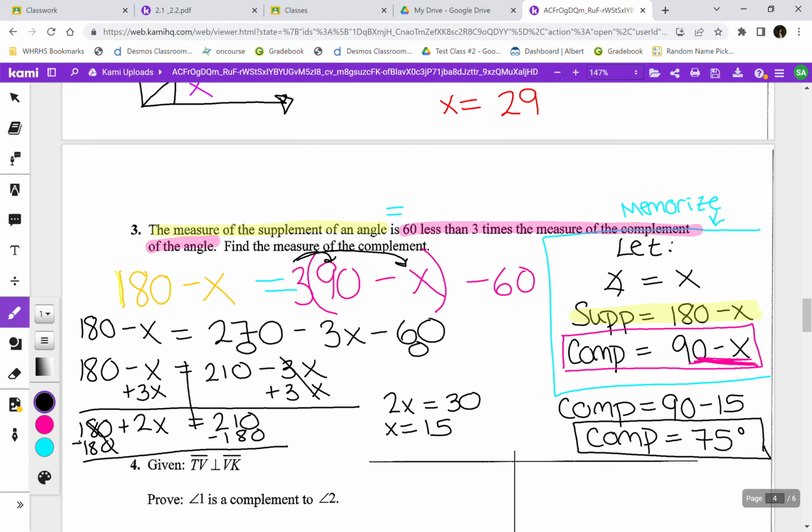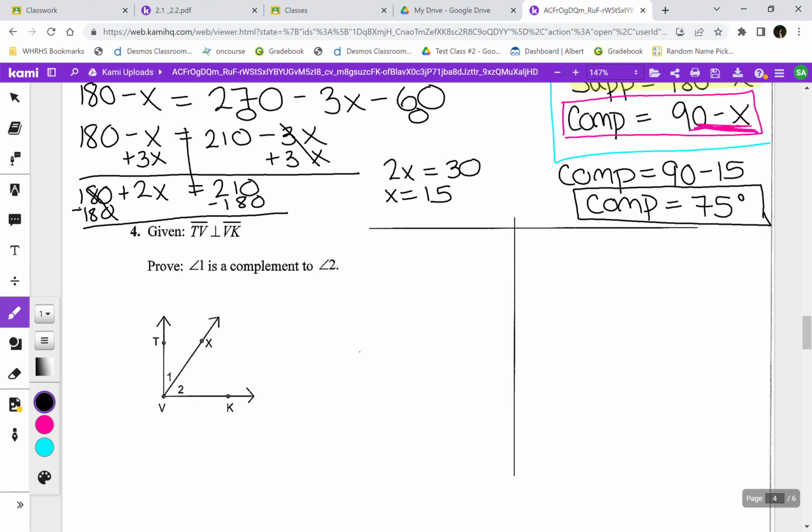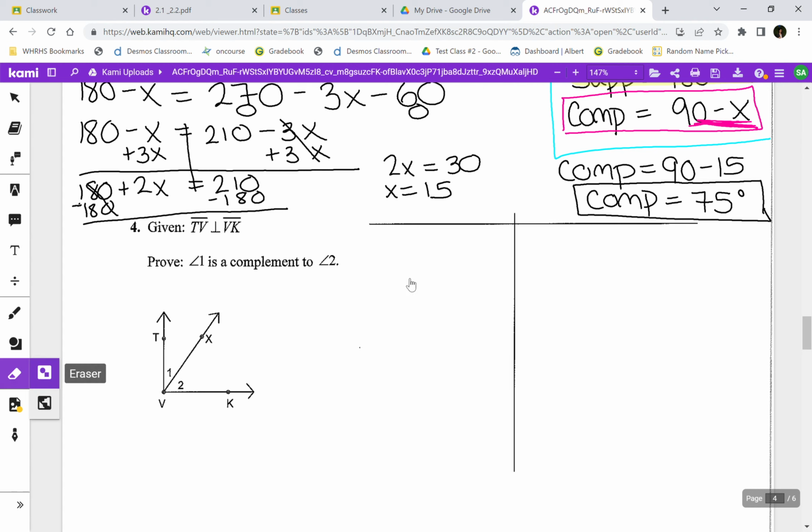All right, ready to do a proof? Can I erase some of my work from up top?